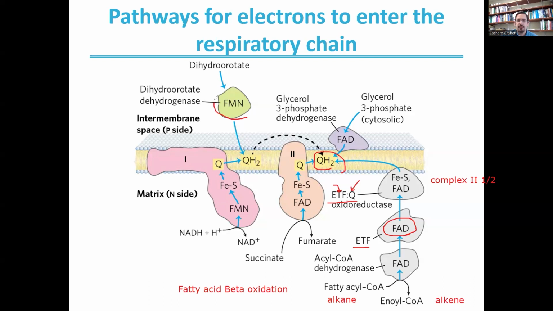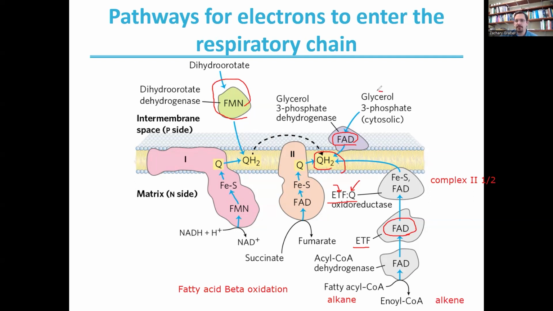So we have this dihydroorotate dehydrogenase that has a prosthetic flavin mononucleotide that will dump electrons into QH2. This comes from some of the biosynthetic pathways for nucleotides. And then we also have this glyceryl-3-phosphate dehydrogenase that contains a prosthetic FAD that will dump electrons into QH2.